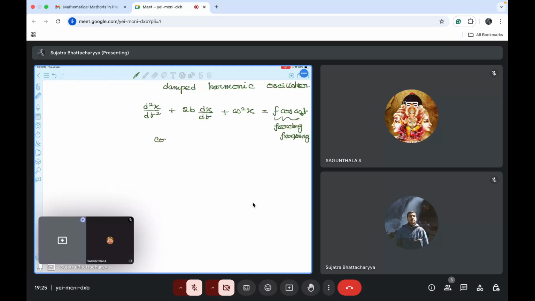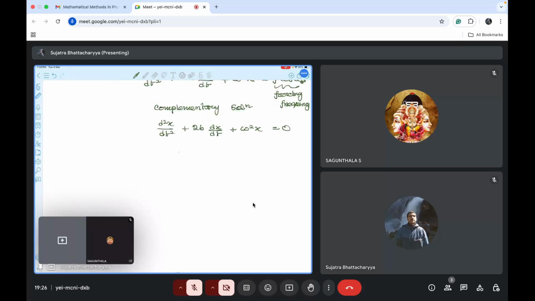We have already seen the way to solve. First is to find the complementary solution. You have to write d2x/dt2 plus 2b dx/dt plus omega square x, and put that equal to 0. Make it homogeneous and then write the auxiliary equation. We assume y is equal to e to the power alpha x and put it in. So it will be alpha square plus 2b alpha plus omega square into y is equal to 0.